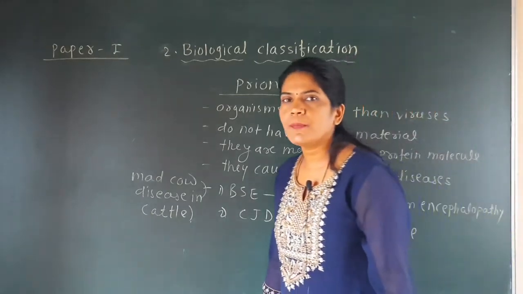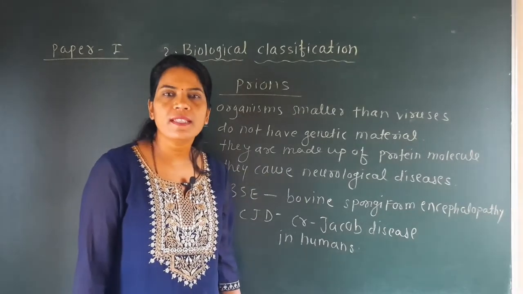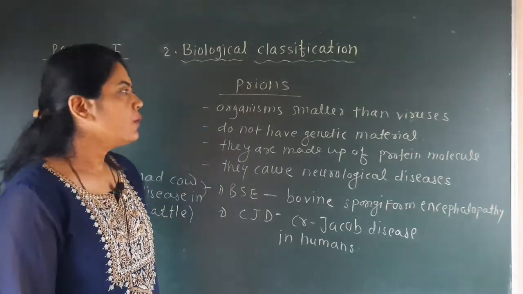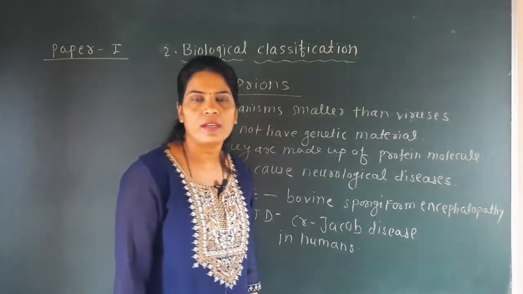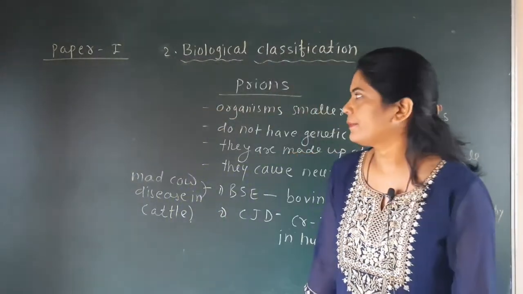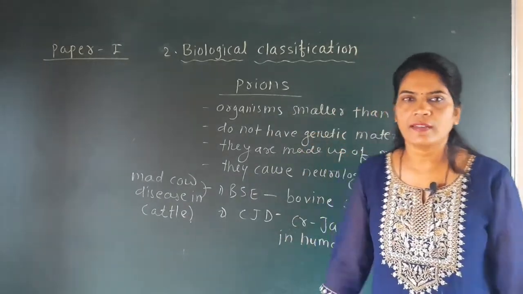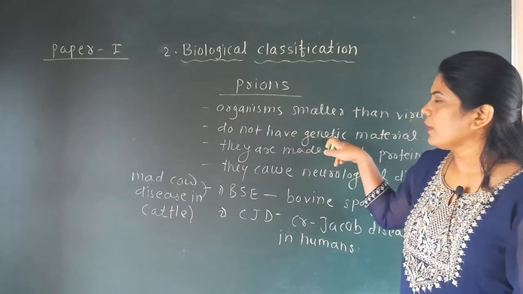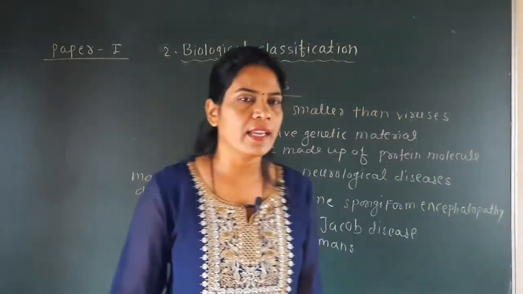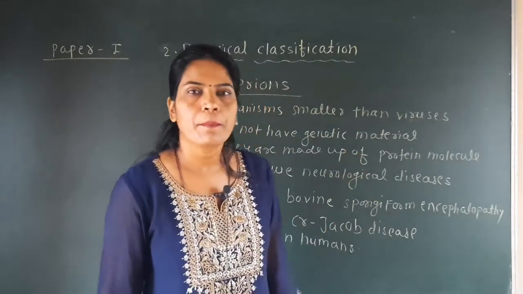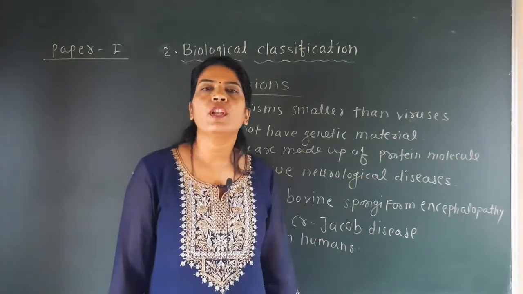It is additional information, and so first we will see which terms are important for this prion according to NCERT. These are organisms which are generally smaller than the viruses. They do not have any genetic material. They do not have RNA or DNA as genetic material, but instead they have some protein molecule inside.